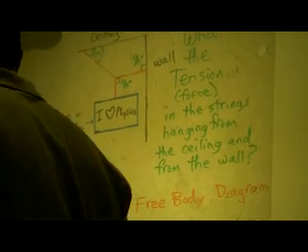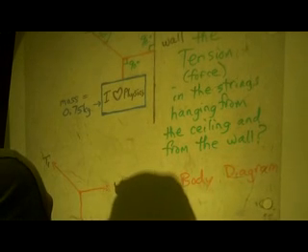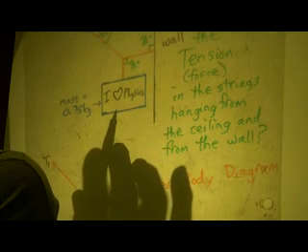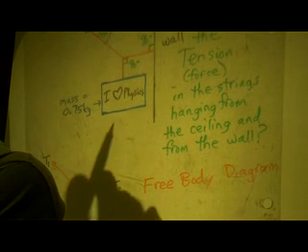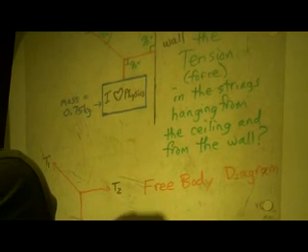It's really important to draw the free body diagram first before you get into trying to solve the problem. I'll call this force right here tension 1. I'll call this force here tension 2. And this force down is what? Yeah, gravity on the sign. So that's just the weight of that sign.